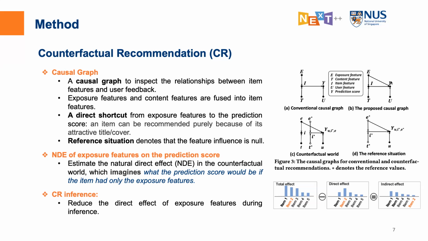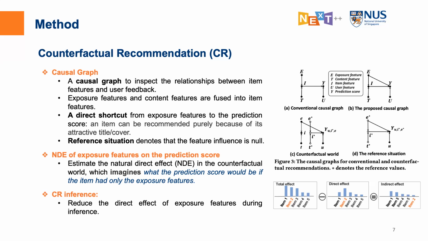It means an item can be directly recommended purely because of its exposure feature, for example the attractive title. The prediction score can be high only because of attractive exposure features. So items with a clickbait issue can be easily recommended, because this shortcut can cause a higher prediction score in the model output.